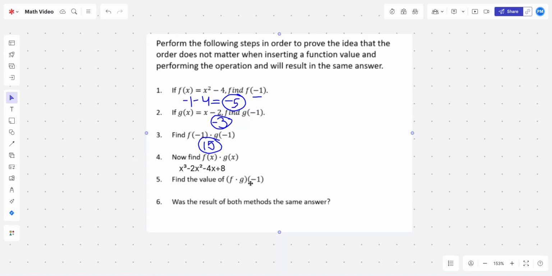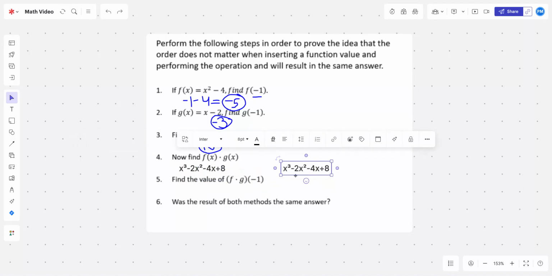Continuing, it says find the value of f times g of negative 1. So pretty much, this is saying get f of x times g of x, so we get this. I'm going to copy this and get another one. Now implement every x we see with a negative 1.